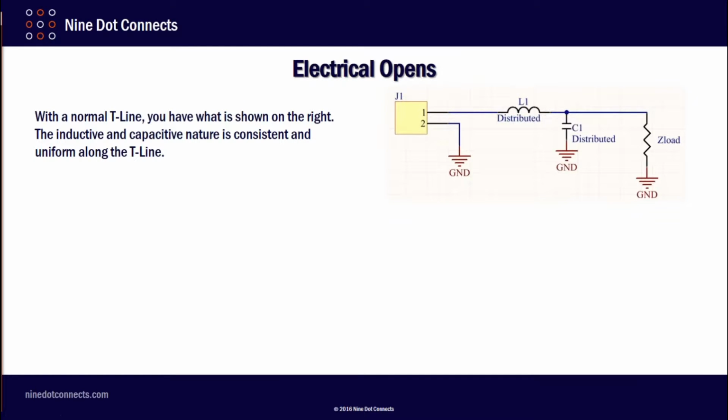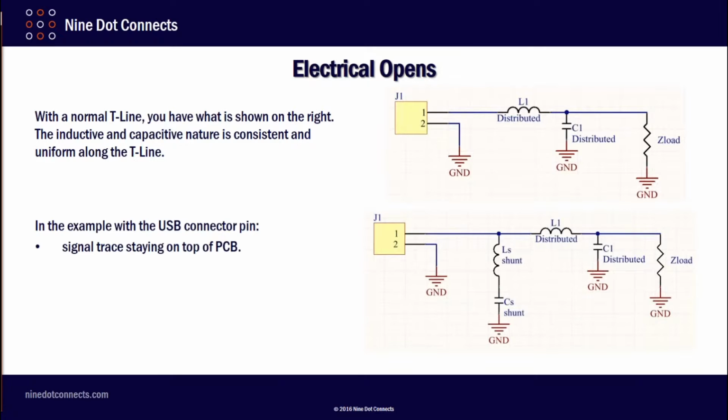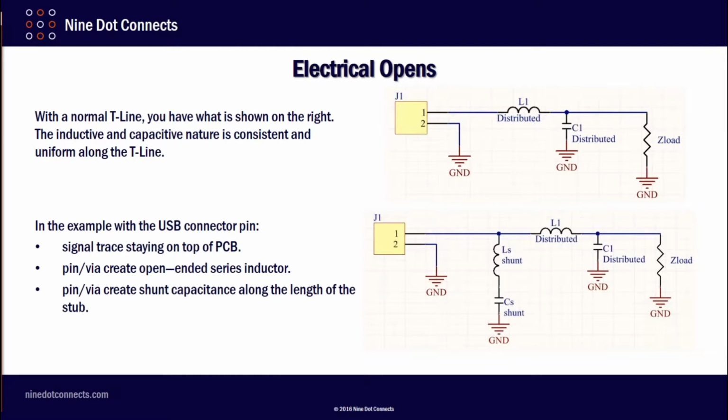With a normal T-line, you have what is shown on the right. The inductive and capacitive nature is consistent and uniform along the T-line. In the example with the USB connector, with the signal trace staying on top of the PCB, that pin via creates an open-ended series inductor. It also creates a shunt capacitance along the length of the stub.